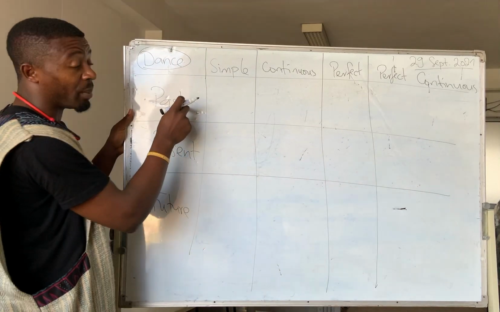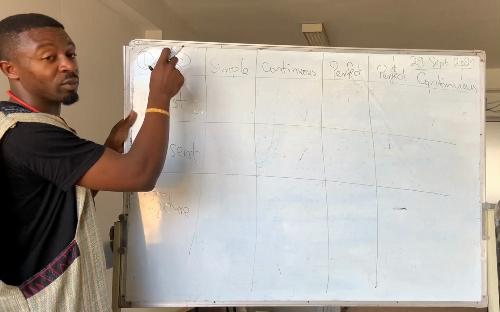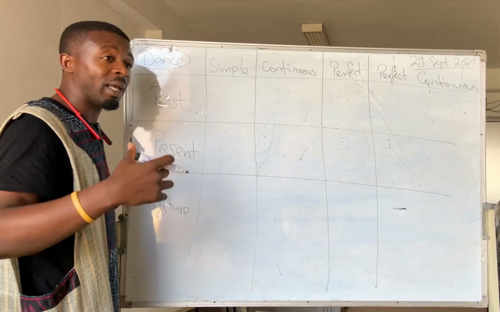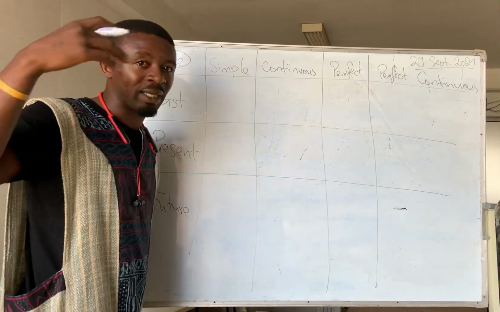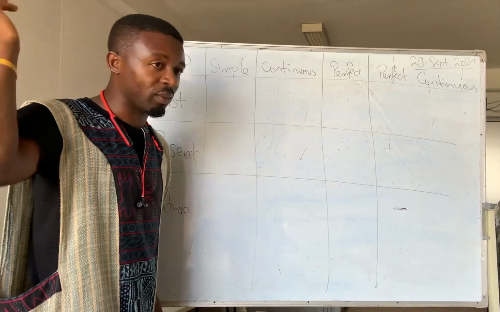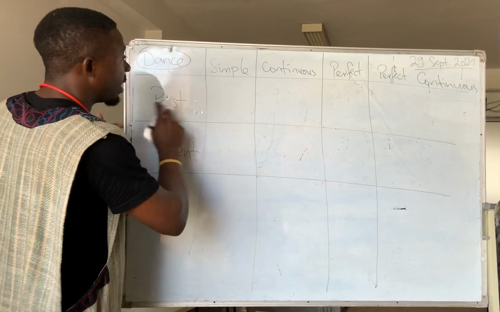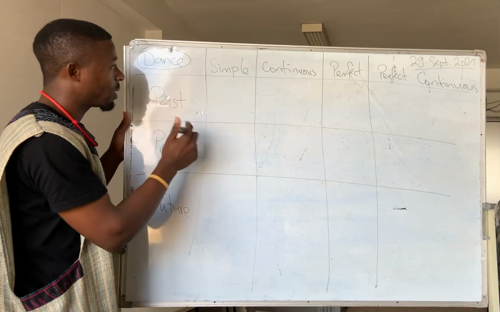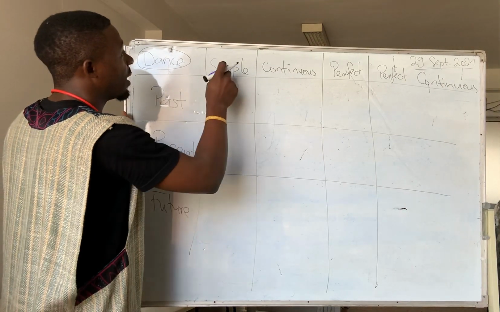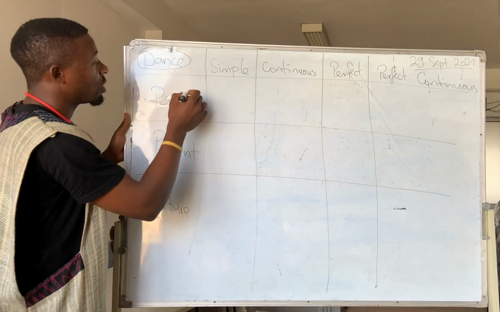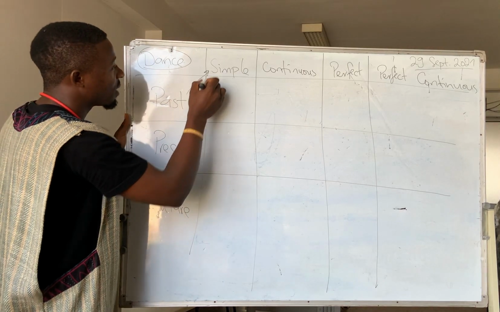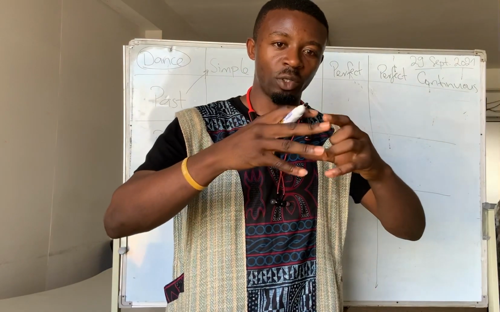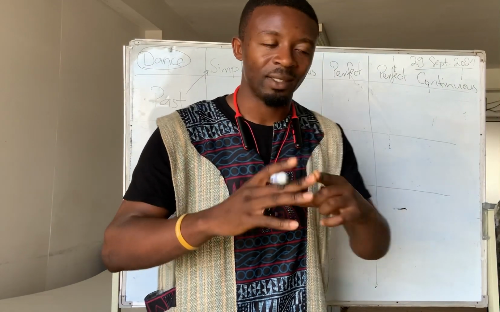If I need to have a past, let's consider the verb to dance in the past time. That means if I'm talking about the fact that I danced maybe yesterday, sometime in the past, let's take it on this line. So you have the past time and the simple, which we are going to call the past simple tense, because time and aspect are joined together to form tenses.